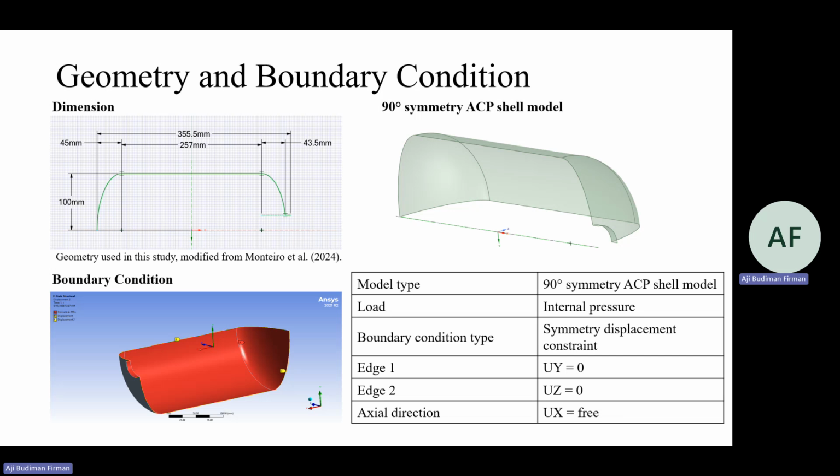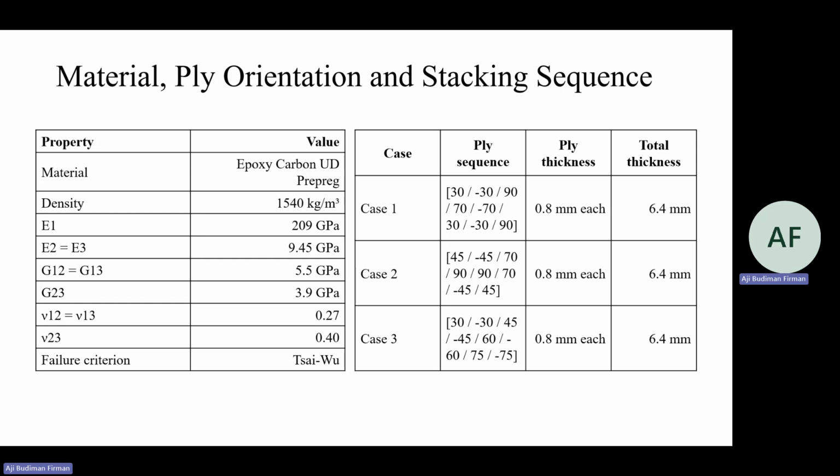Since only 1/4 of the model was used, symmetry displacement constraints were applied on the cut edges. One edge was constrained in the Y direction, and the other edge was constrained in the Z direction, while the axial direction was left free to allow natural deformation under pressure. This setup represents the full pressure vessel behavior with fewer elements and shorter simulation time.